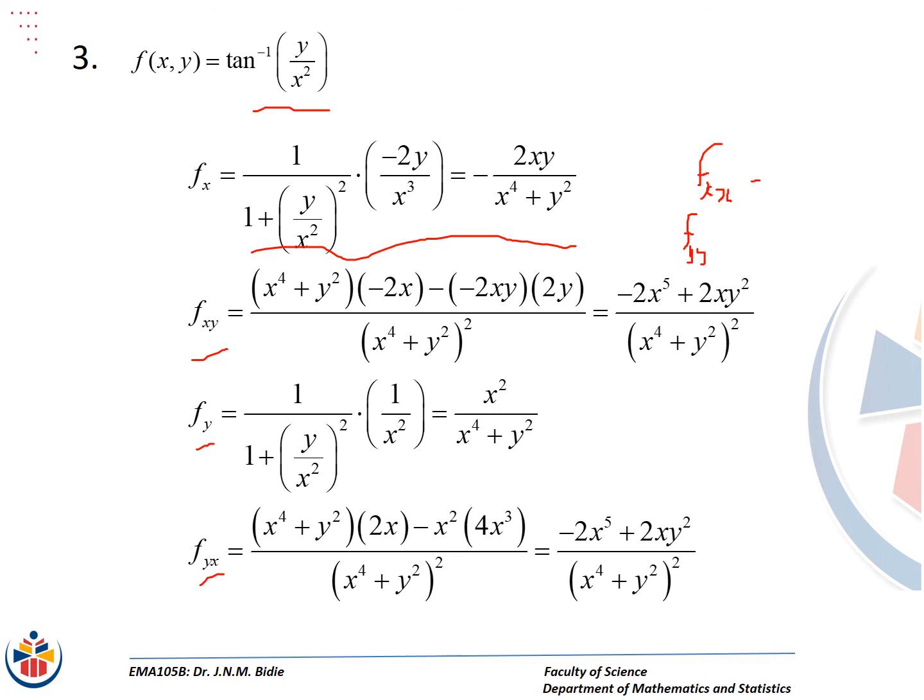Find fxx and fyy for this problem. And also check the equality of fxy and fyx, whether the simplifications are correct.